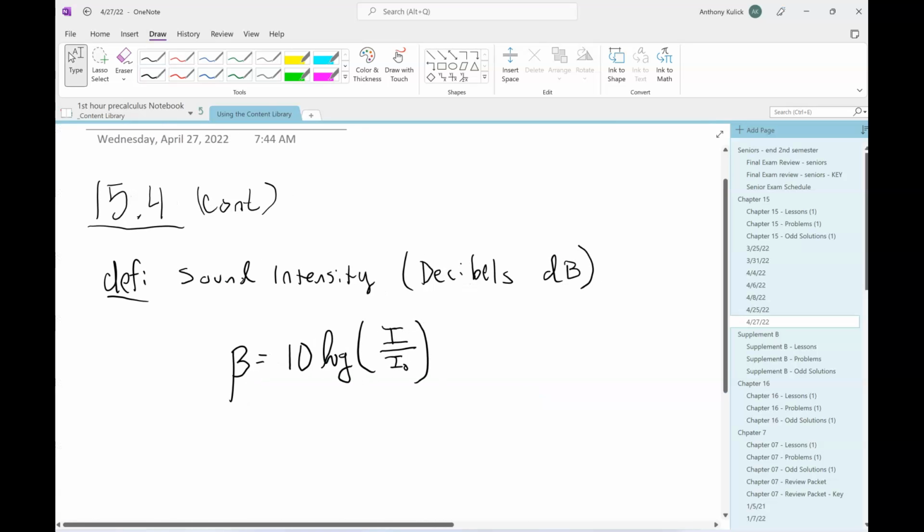So our formula is beta equals 10 times log of I over I naught, where beta is the number of decibels, I is the sound intensity, and the unit for sound intensity is watts per meter squared.